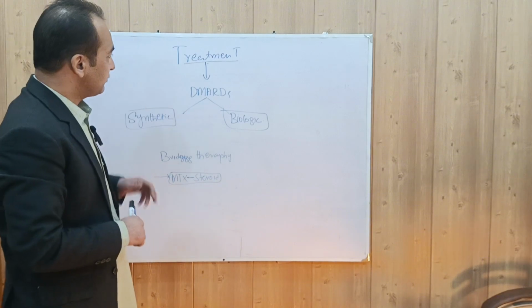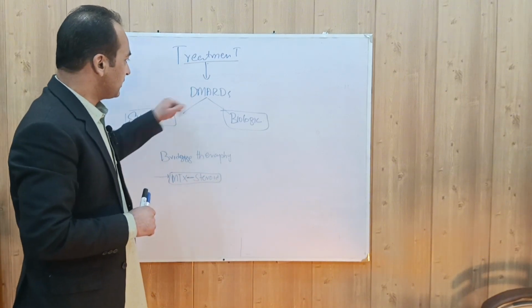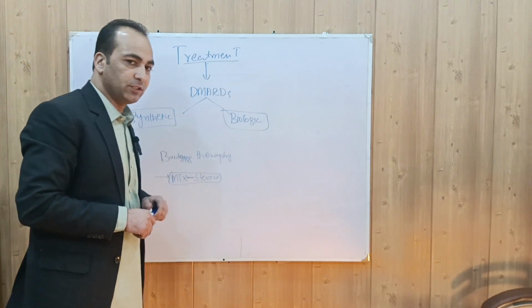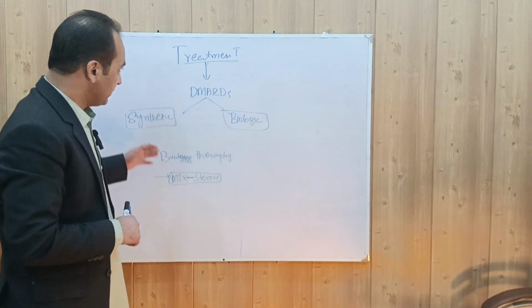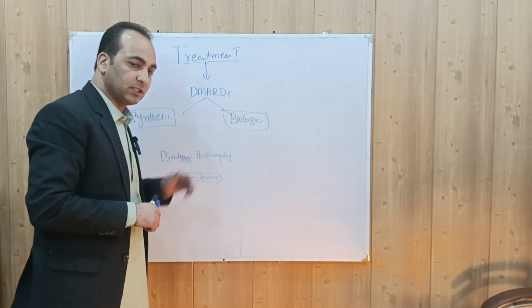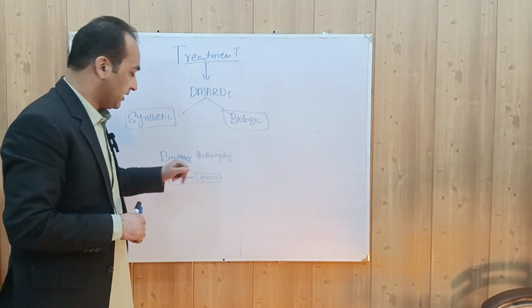Now the treatment of rheumatoid arthritis includes DMARDs. There are two types of DMARDs. One is synthetic DMARD and the other is biological DMARD. But when we diagnose the patient with rheumatoid arthritis, we start the bridging therapy. Bridging therapy includes methotrexate plus steroid.